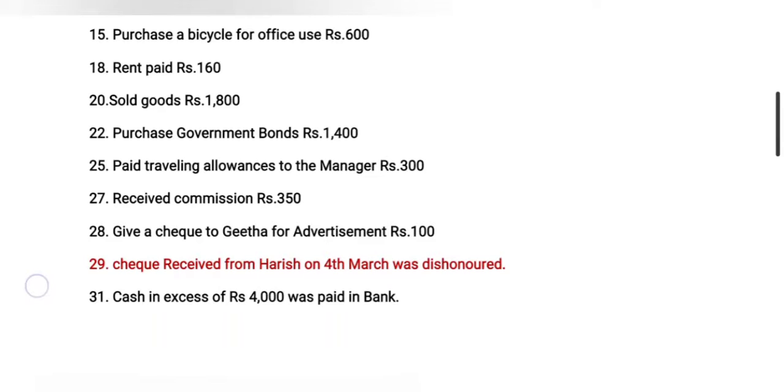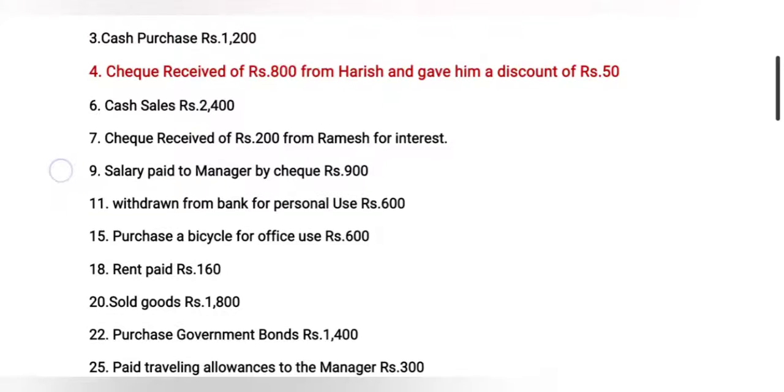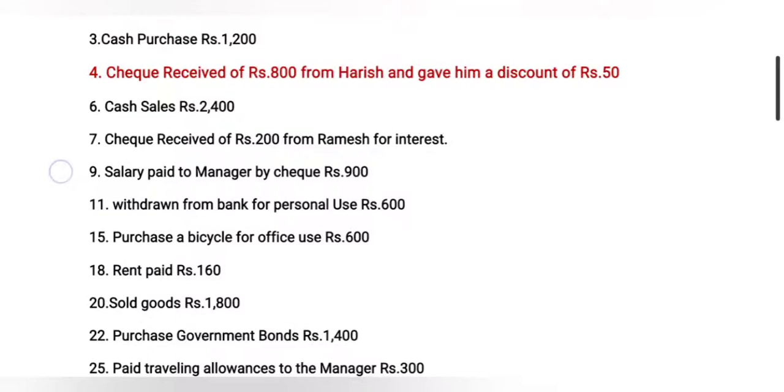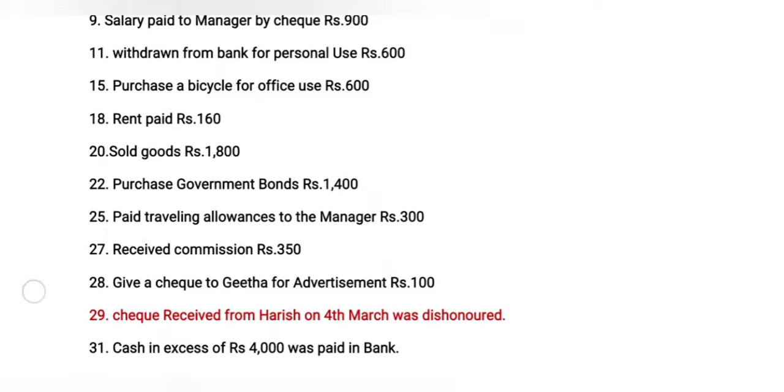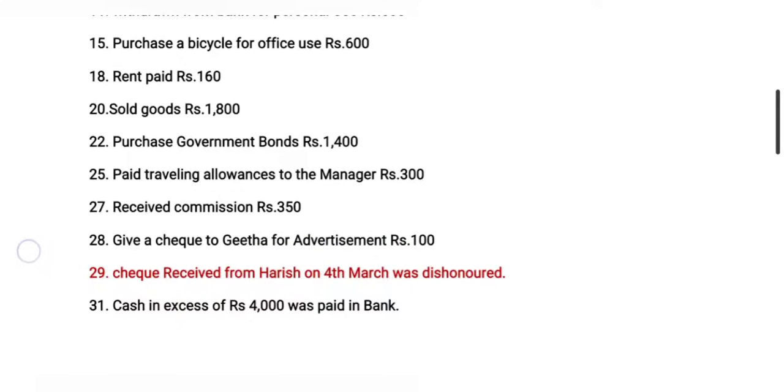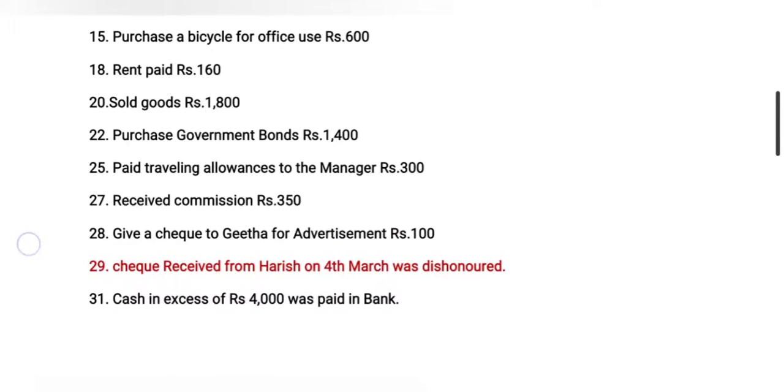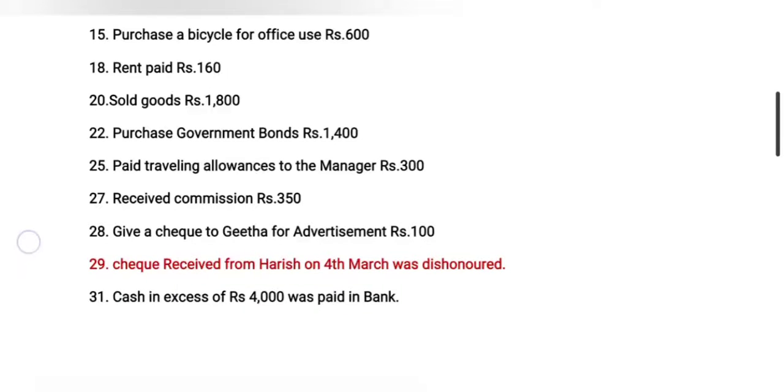Here, 29th March, check received from Harish, 800 rupees, and we give him a discount of 50 rupees. Here we take it on the debit side of the cash book. Now, this time he is the drawer. We credit his account, that is, by bank, on the credit side of the cash book.